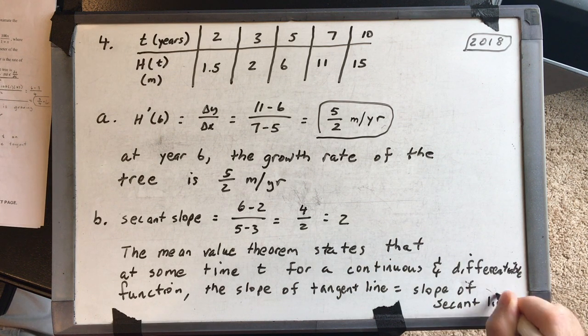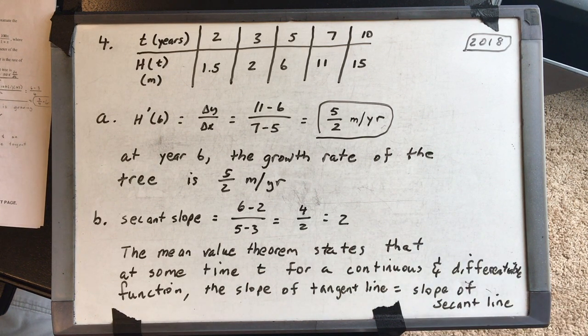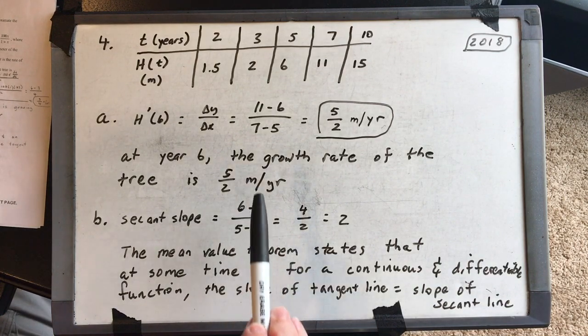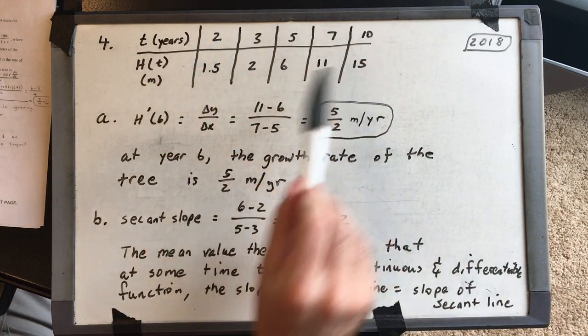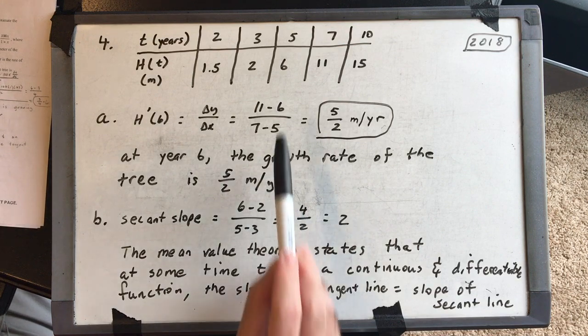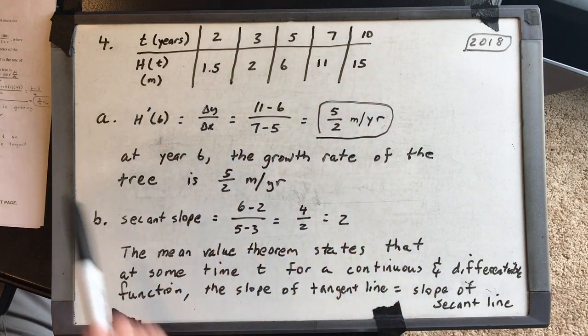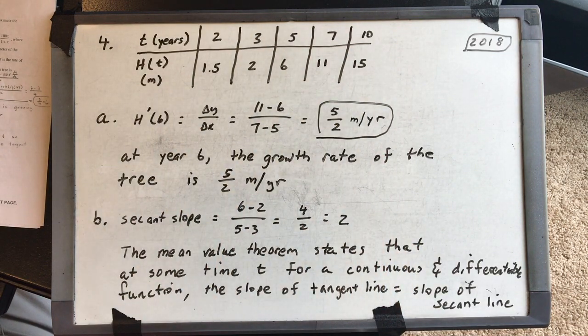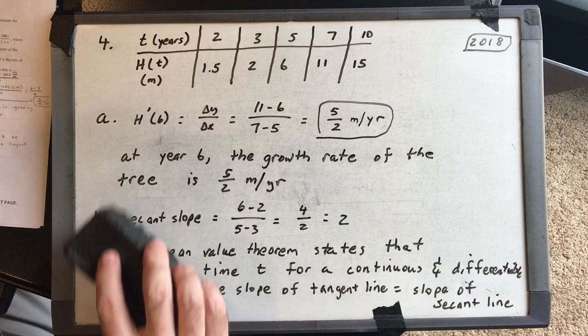You might be able to write that more concisely than I did. But sorry for the delay there. I was looking at the entire process to see if the slope was 2, which it wasn't. But if any of these intervals the slope is 2, then the mean value theorem does apply. All right, so pause if you need to. I'm going to erase part A and part B.